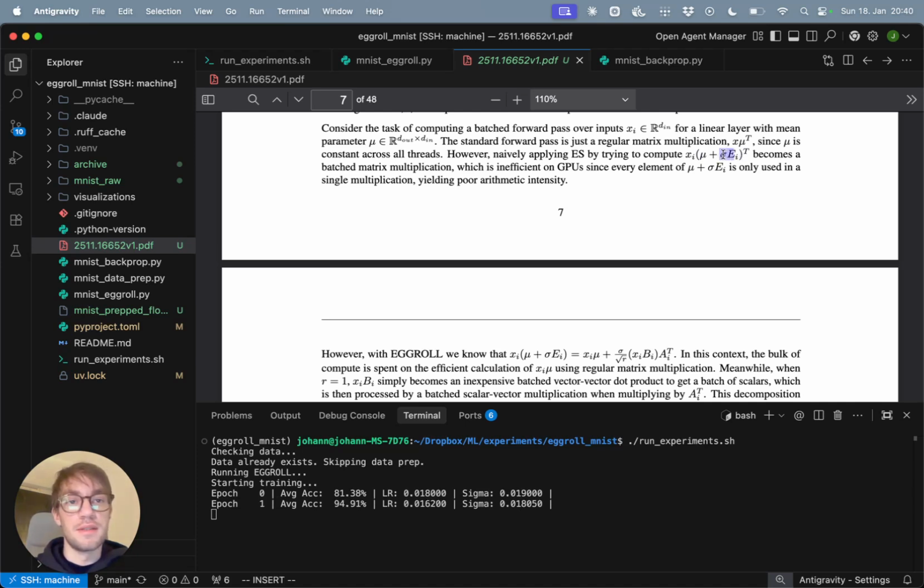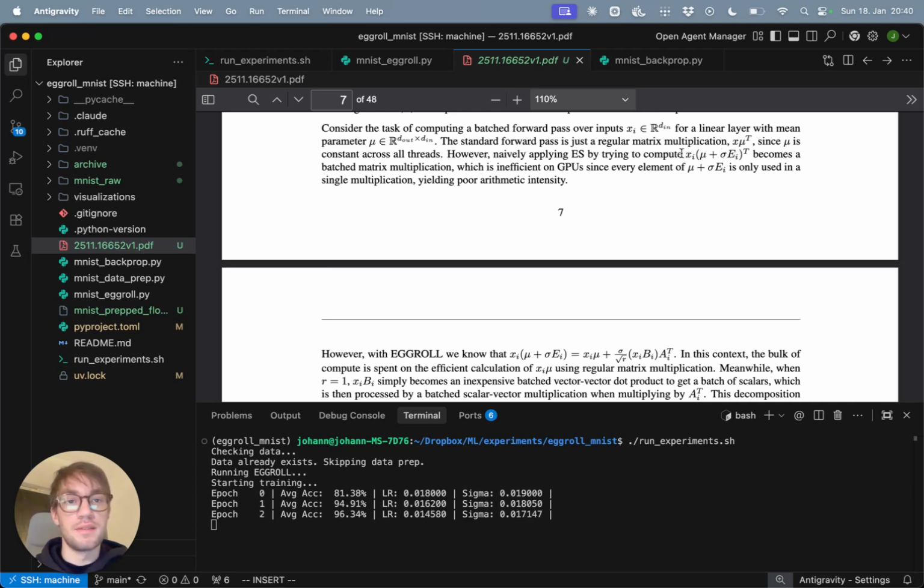Sigma is the hyperparameter that controls the spread of the noise, and E is the actual noise matrix. This we deconstruct into the low-rank matrices, or rank 1 vectors, that we're using.